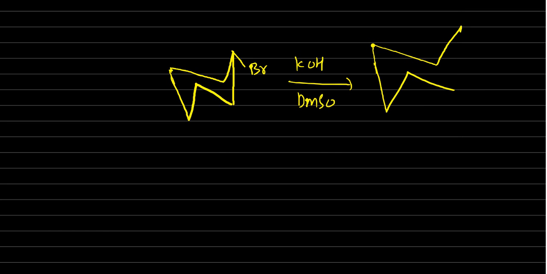Now, DMSO, now OH minus is there, K plus, that means SN2 and E2.